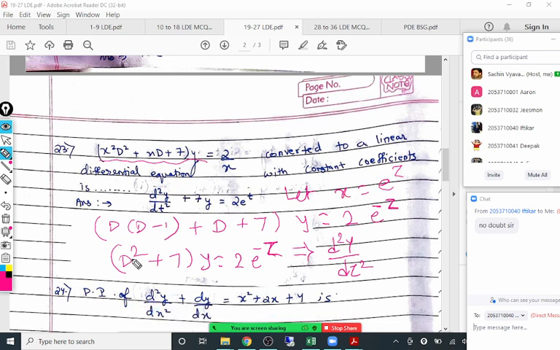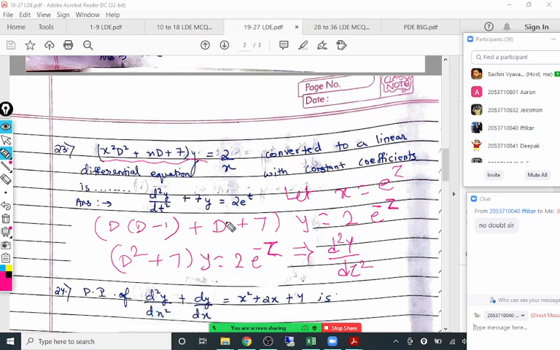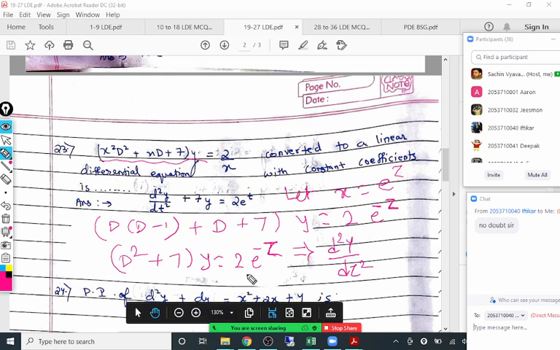So this D is a new D, a transformed D, and it is different from the original D. Some authors use D dash here, so that is also okay if you are confused with the notation D. So this capital D is d2y by dz square, plus 7y is equal to 2 into e raised to minus z. So that is the answer.